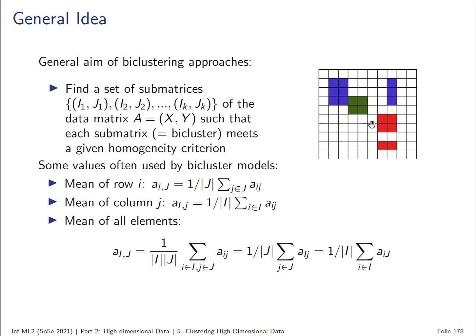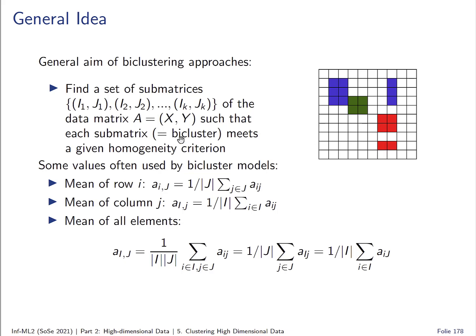Here you see a very schematic, very abstract representation of 3 bi-clusters: a blue one which specifies those 3 rows and those 3 columns, then the green one which specifies 2 rows and 2 columns, and the red one defined by 3 rows and 2 columns.